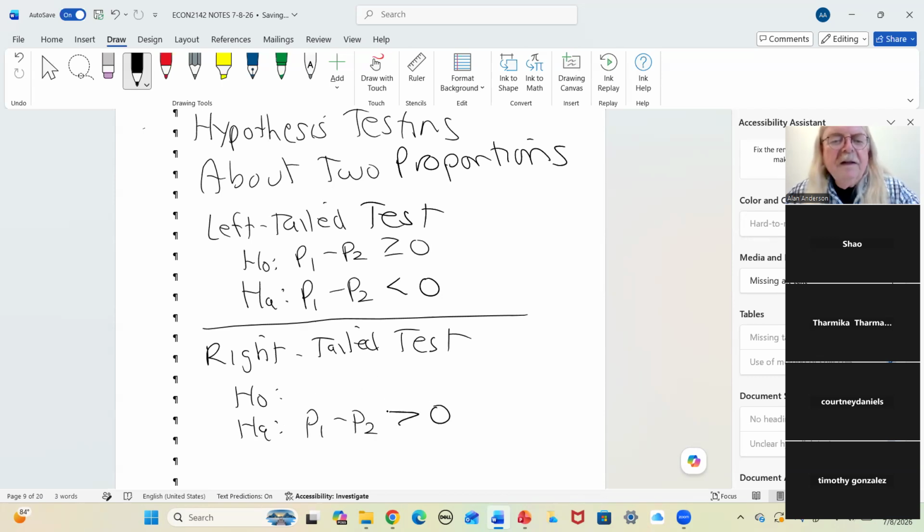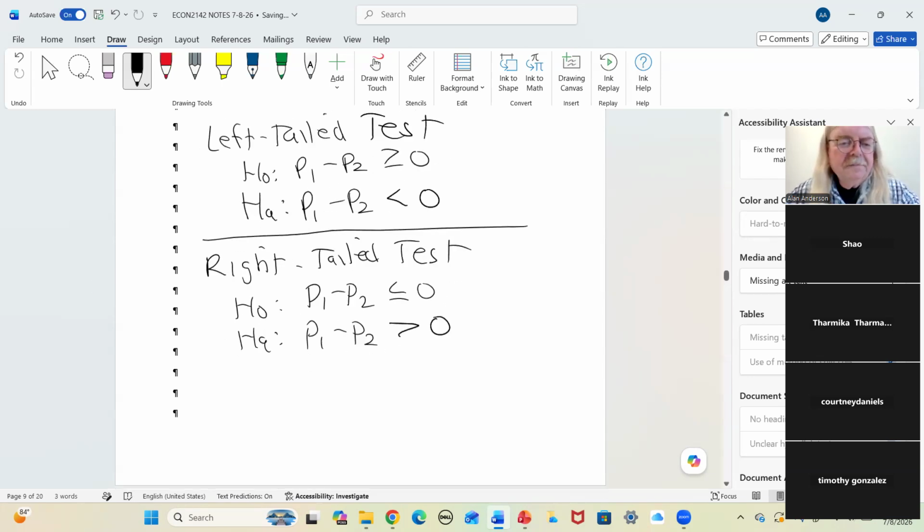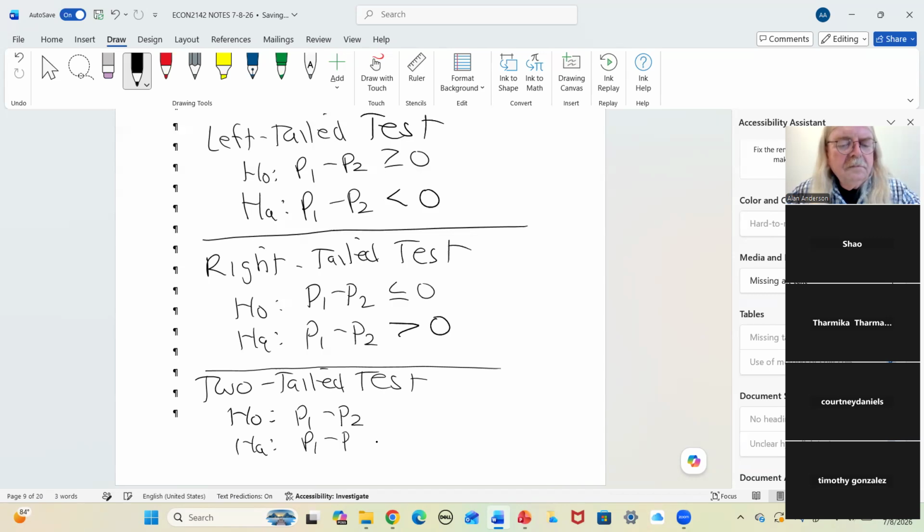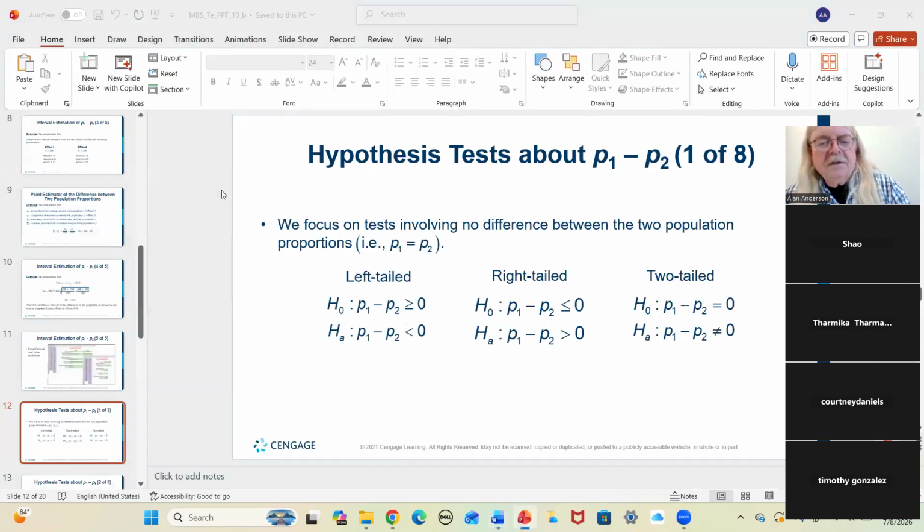Doesn't matter what order you write them in, but I like to do it this way because you can see clearly the right tail test means the alternative is that the difference is positive, and then this you could just put whatever's left over. It helps avoid confusion, I think. And then two-tailed test, of course. So here it's either they equal zero or they don't. All right, that's all there is to it.